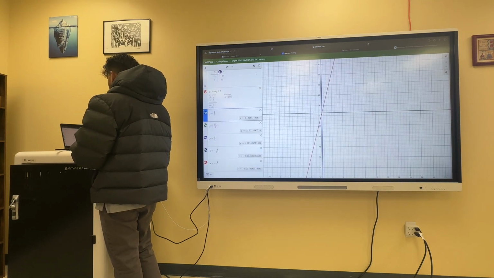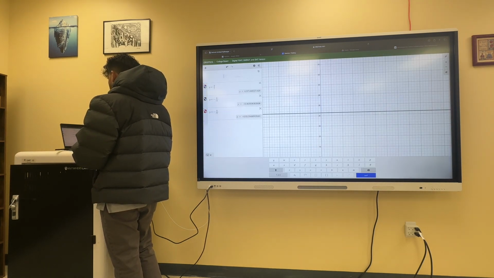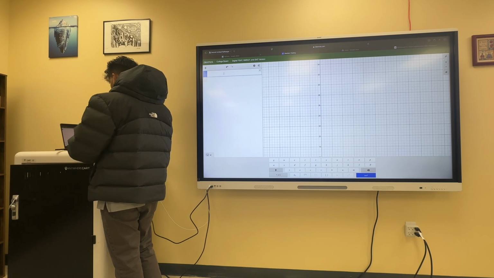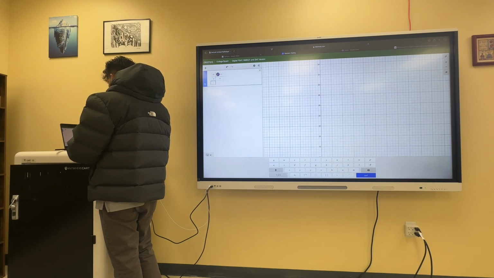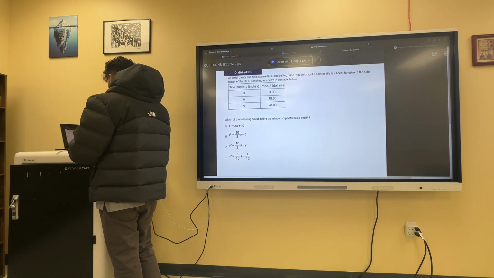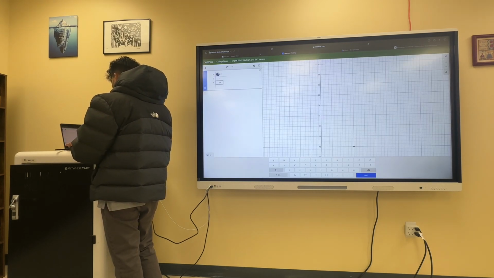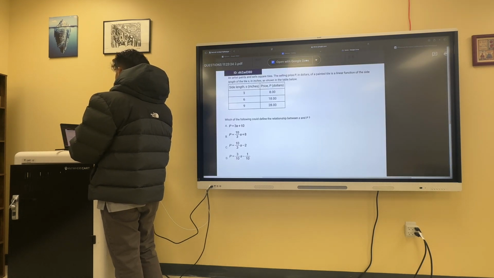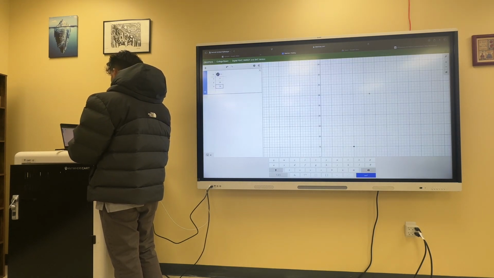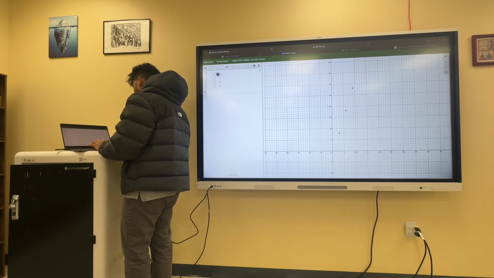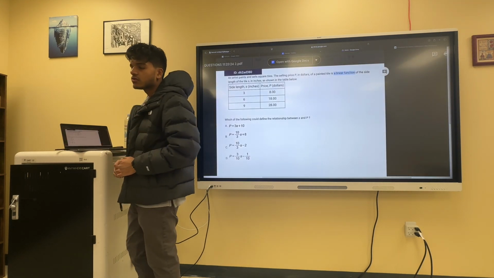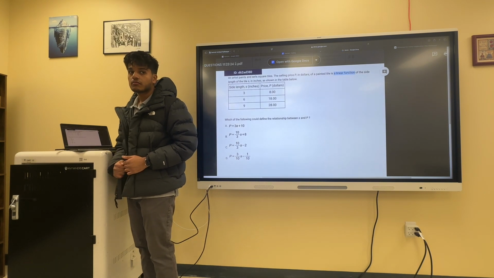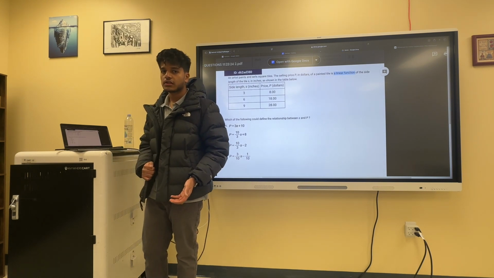We can plug in all 3 if you want, but again, I just type in table because it's a lot easier for me. 3, 8, then 6, 18, and let's plug in 9 and 20. It says right here that it's a linear function, so we can use y equals mx plus b, because we're told already that it's a linear function.